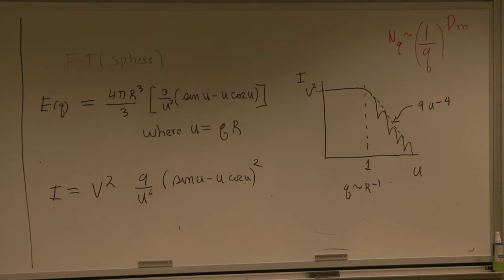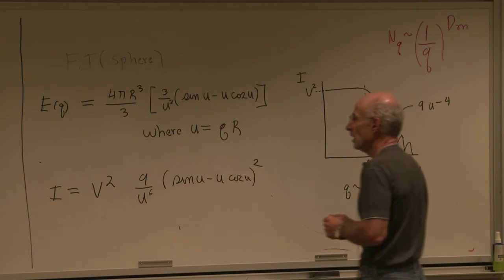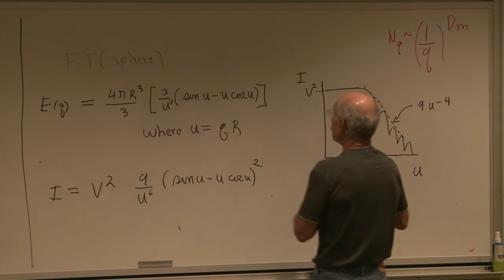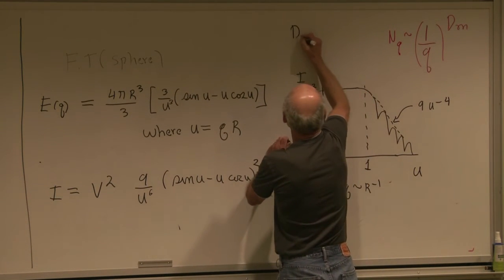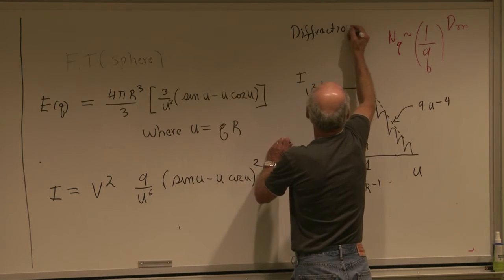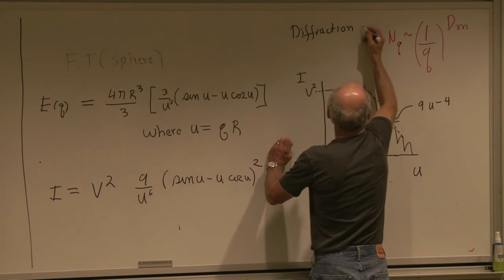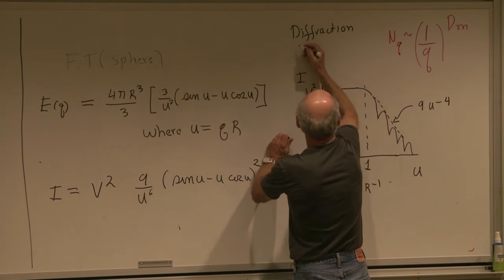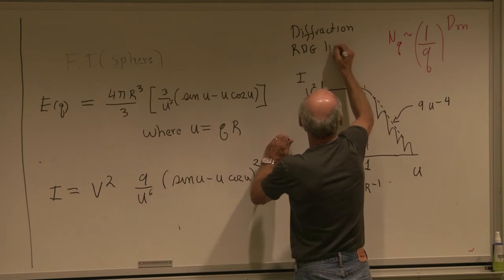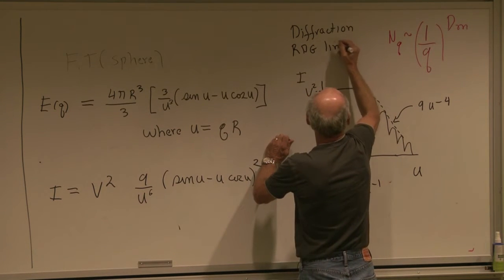So it has a number of names. It's certainly the Fourier transform of a sphere. It's the diffraction from a sphere. It's sometimes also called the Rayleigh-Debye-Ganz limit for a sphere.